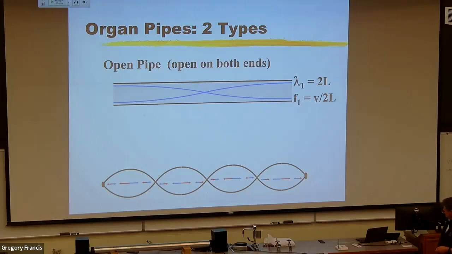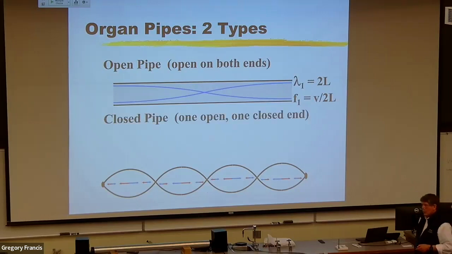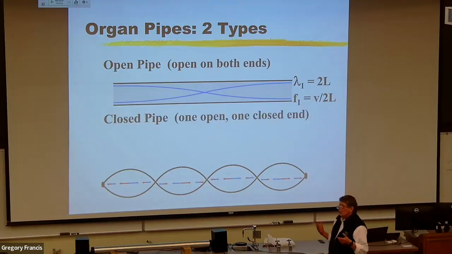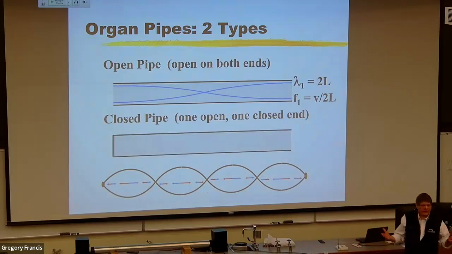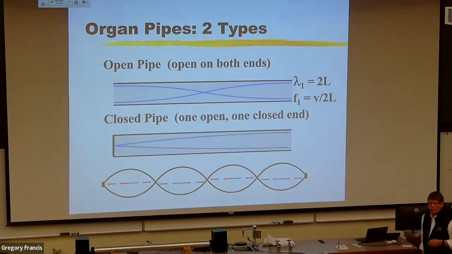Now, a closed organ pipe, what we mean by that is closed at one end. If you close it at both ends, that's a box, and you don't get any music out of that. A closed organ pipe is closed at one end, open at the other. The closed end has to be a node. The molecules can't vibrate there.